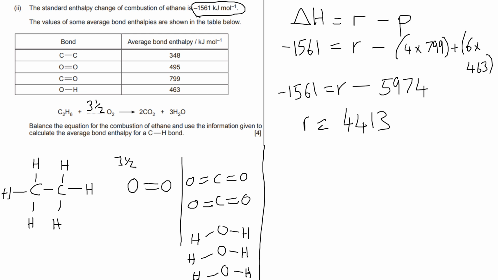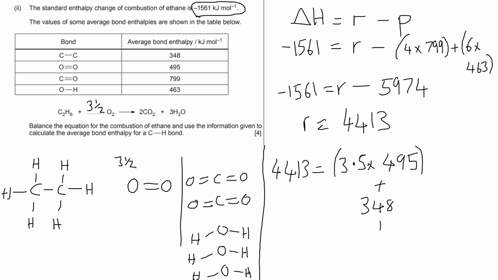So 4413, which is R, must equal 3.5 times the 495 plus 348, which is the C to C bond, plus 6 lots of X. Let's just call it X, where X is the CH bond.